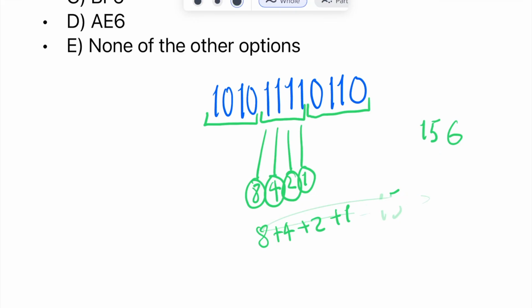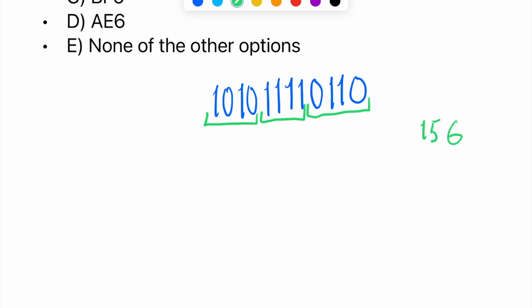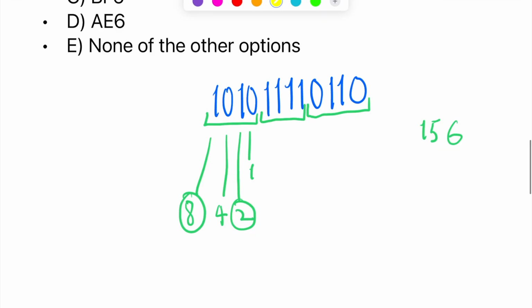Then 1, 2, 4, and 8. Here we're using 2 and 8. Again, quick review: you circle the number when there is a corresponding 1.